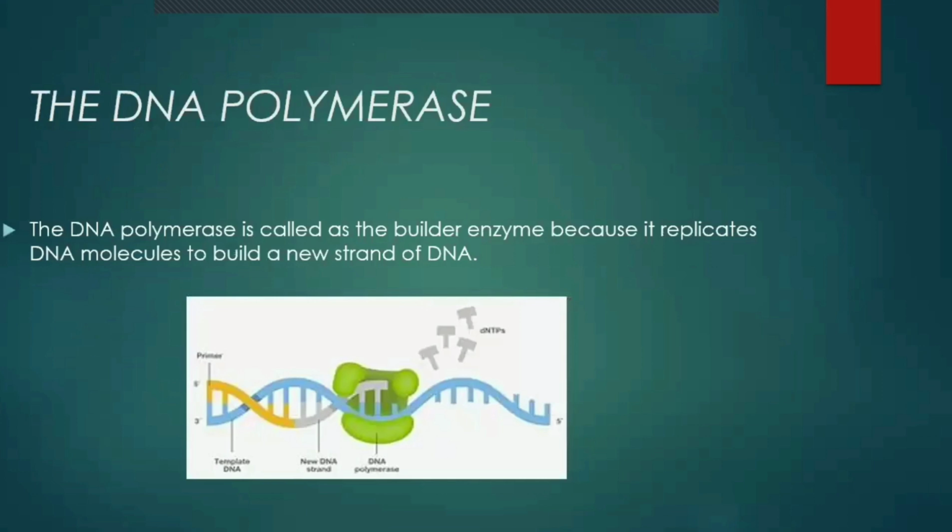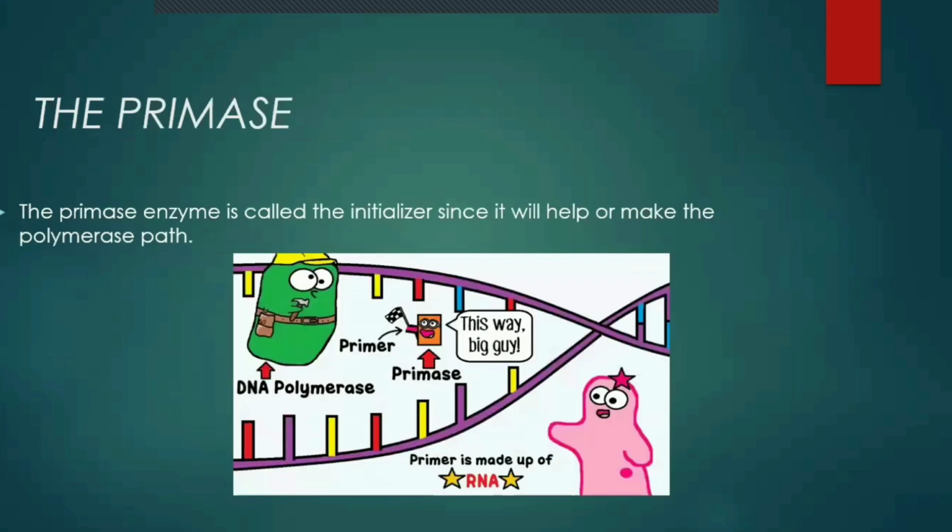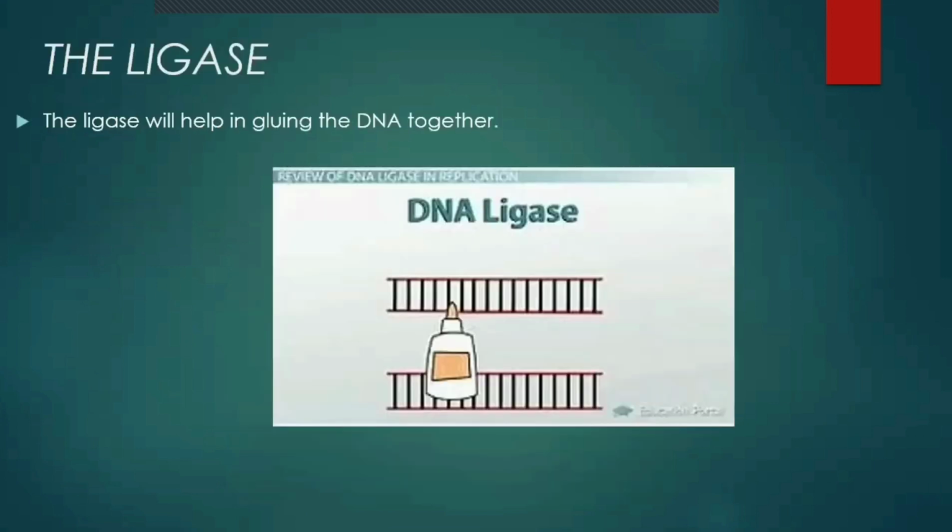The DNA polymerase is called the builder enzyme because it replicates DNA molecules to build a new strand of DNA. The primase is called the initializer since it makes the path for the polymerase. Next is the ligase. The ligase helps in gluing the DNA together.